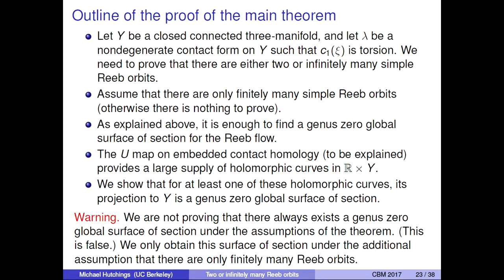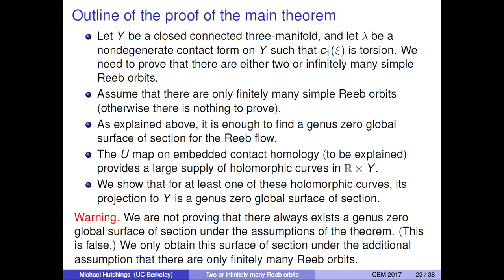So the idea is to use embedded contact homology, which I'll tell you about in a bit, to find a genus 0 global surface of section. Embedded contact homology will produce lots of holomorphic curves in R cross Y, and we'll show that at least one of those holomorphic curves in R cross Y projects to a curve in Y, which is a genus 0 global surface of section.